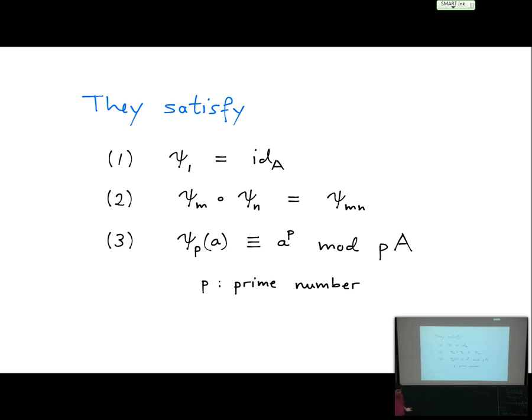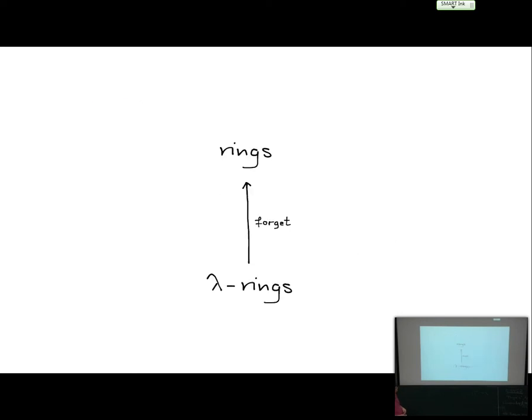So for example, if we have the monoid ring over a commutative monoid, then we can define psi n to be the map induced by raising to the nth power in the monoid. And by Fermat's little theorem, it satisfies these three properties. So the monoid ring of any abelian monoid is a lambda ring.